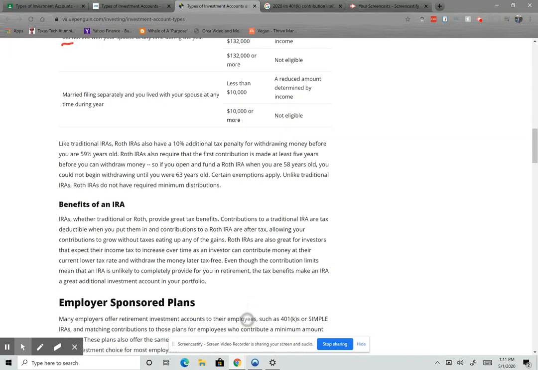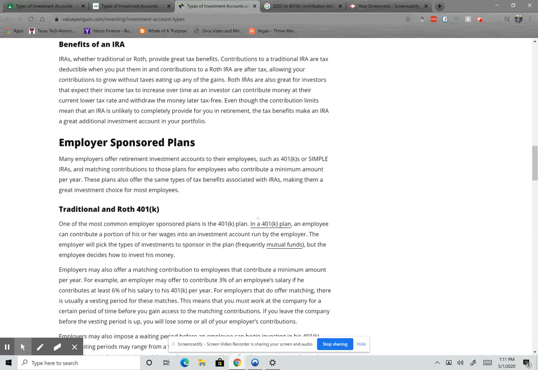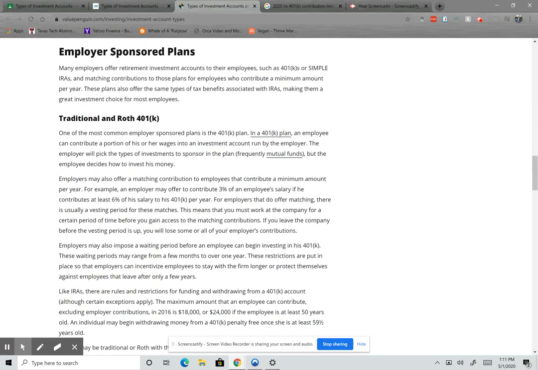Okay. Now we get to employer-sponsored plans. Okay. The main type is the 401k. This is for private for-profit companies.